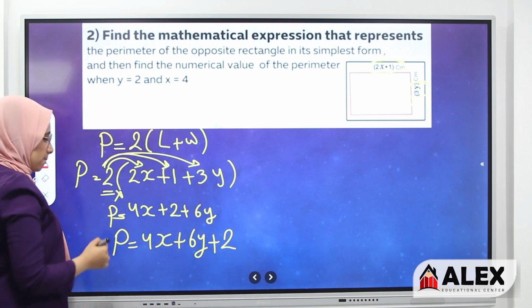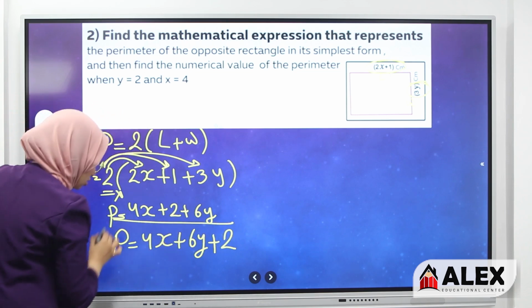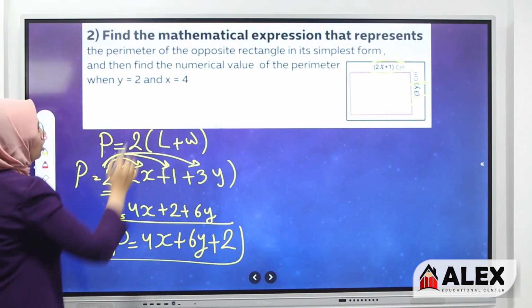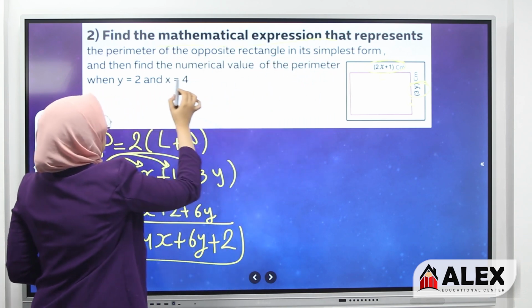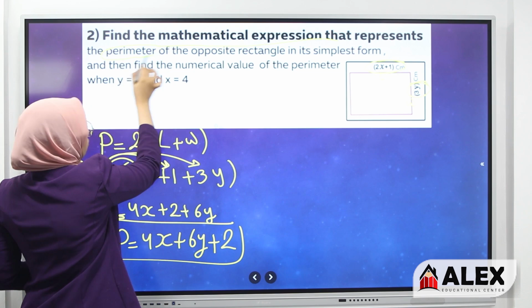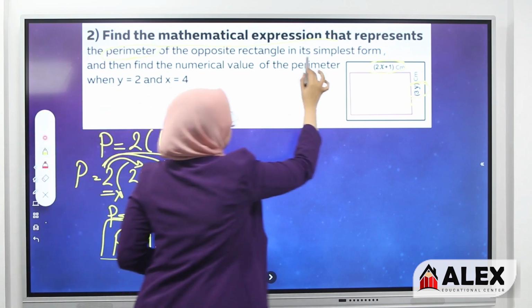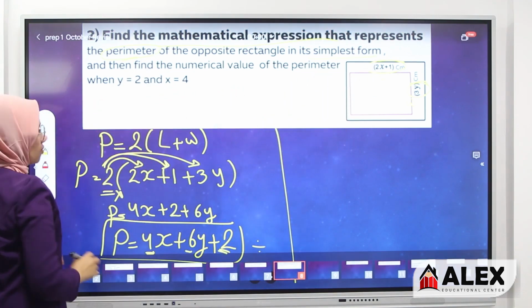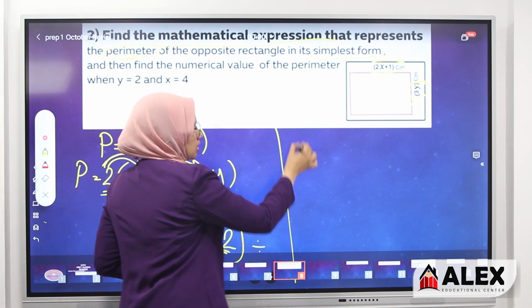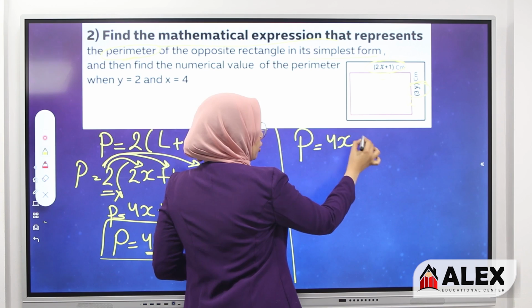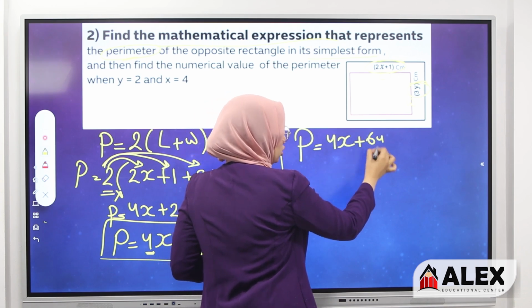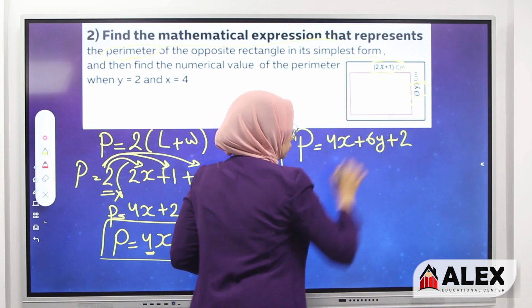That's the mathematical expression of the perimeter in its simplest form. Then the mathematical expression of the perimeter equals 4x plus 6y plus 2.